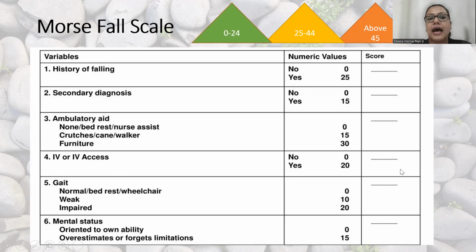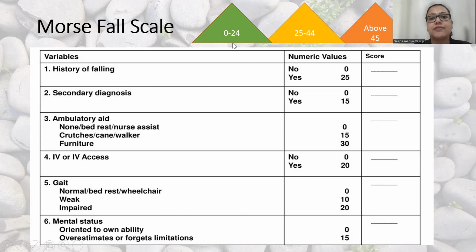Then IV access, 0 or 20. Gait means the position or stature: normal, bed rest, wheelchair, then weak or impaired. Based on that, you will be giving the scores. Then the mental status, where you give 10 or 15. So your scores for each parameter will come here, and at the end you will add all these parameters and get a cumulative score.